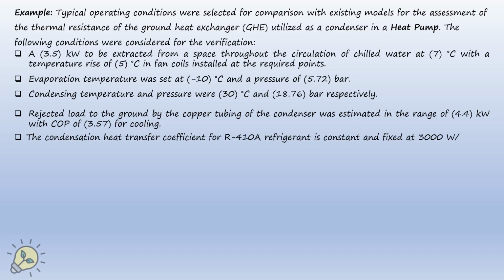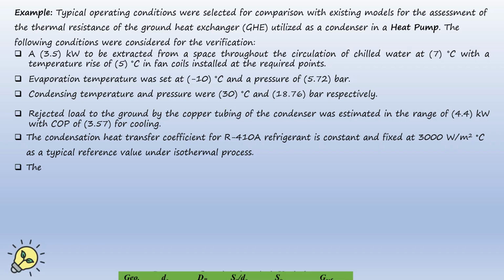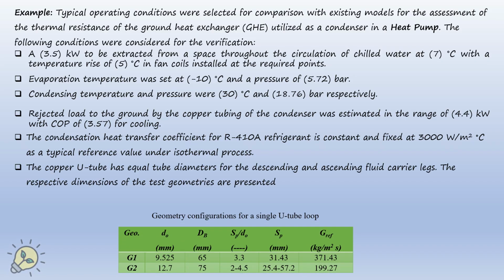And the condensation heat transfer coefficient has been used as a typical value for this refrigerant of 3000 watt per meter squared degree centigrade. The tube itself is composed of a single tube made of copper, and the table shows two different geometries to be examined in the present episode.